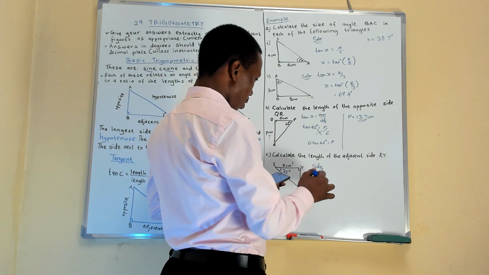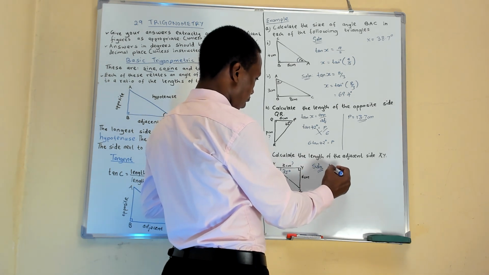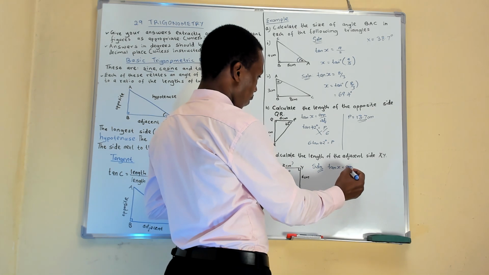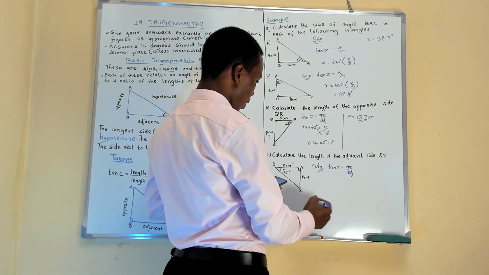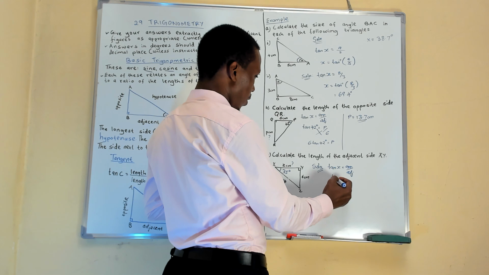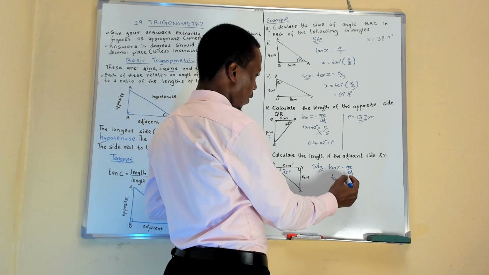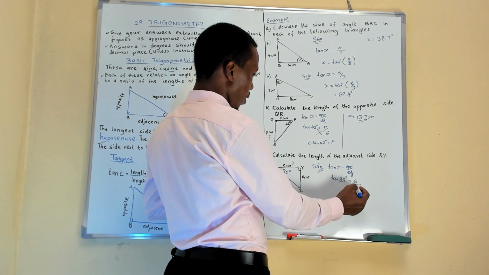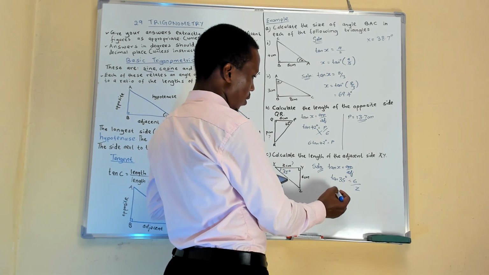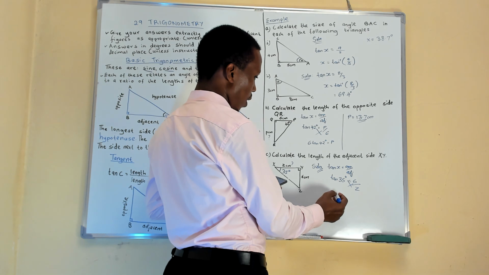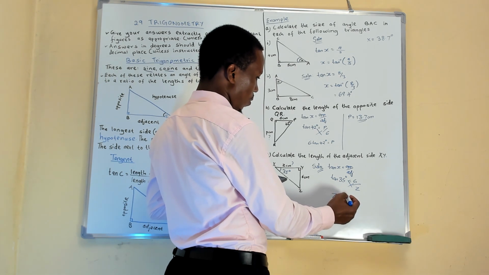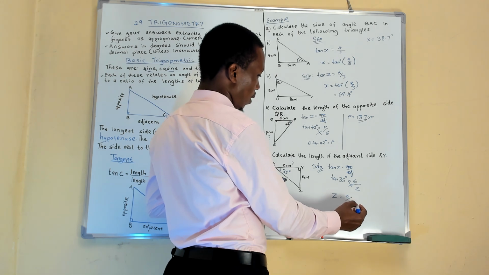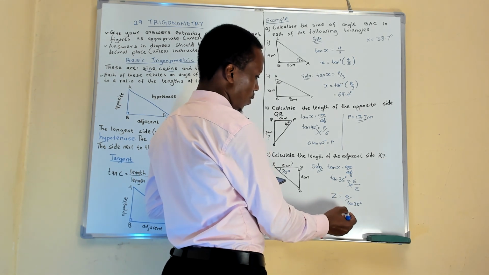Good. So I will do tan x is equals to opposite over adjacent. So tan of 35 degrees is equals to 6 over z. So if I cross multiply, I get z equals to 6 over tan 35 degrees.